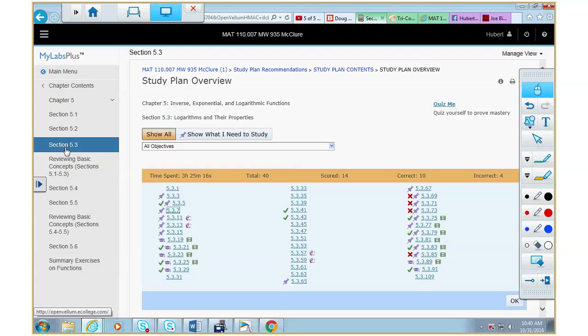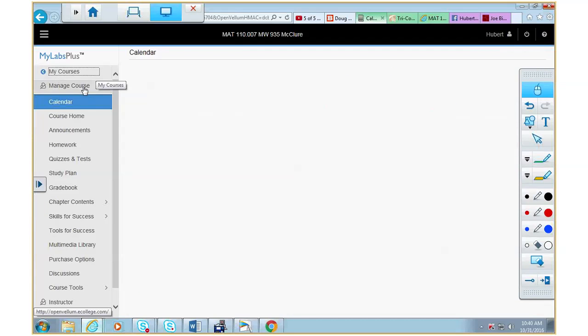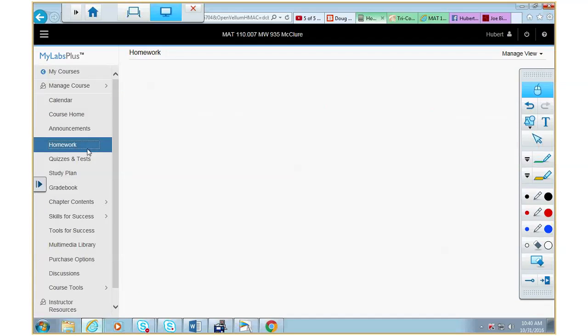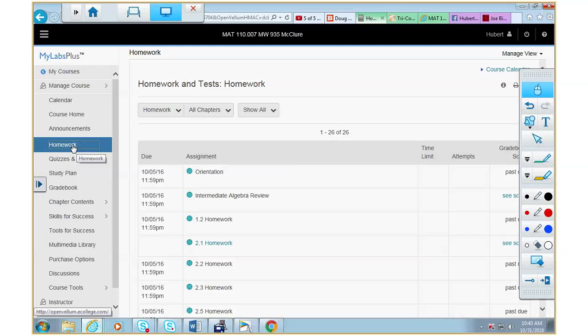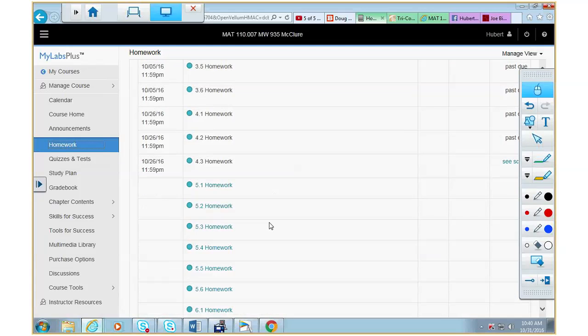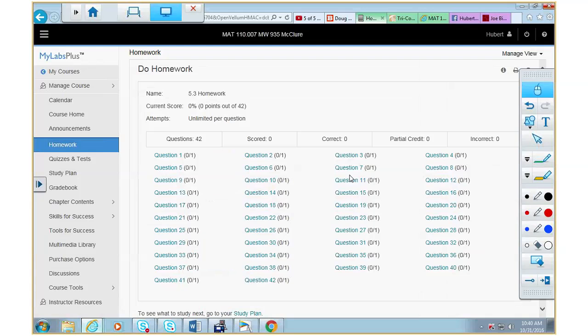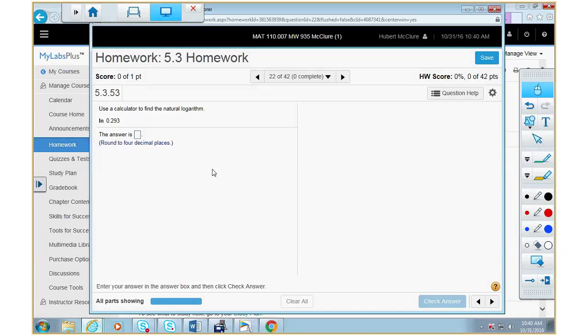Where's your homework? Was it 5.3? You said we're doing 5.2 in here, right? Yep. Right now I'm doing 5.3. That's calculator, so some of y'all should be able to get that one right.